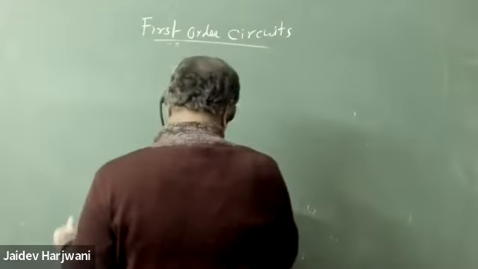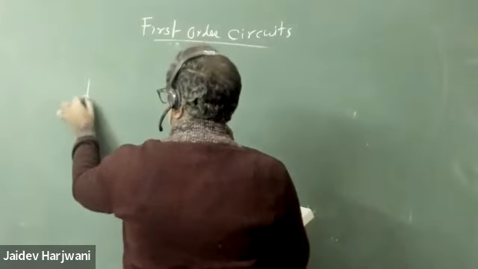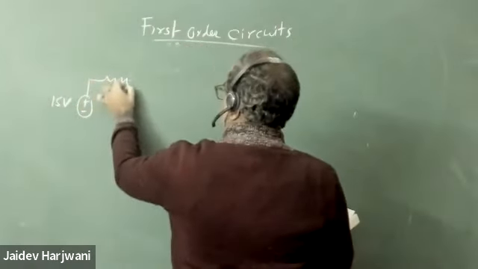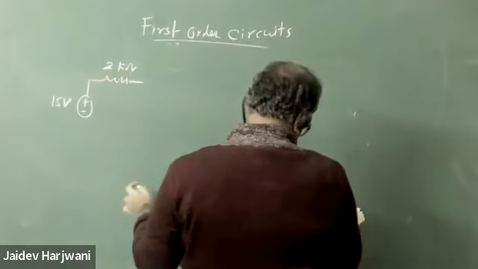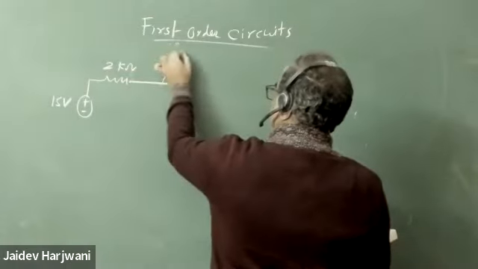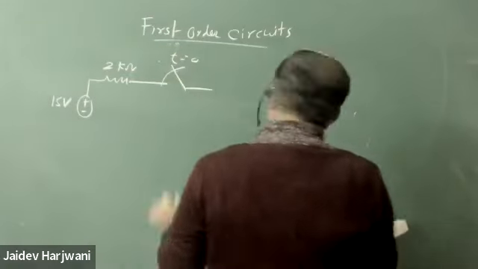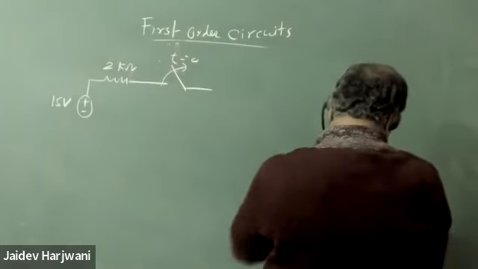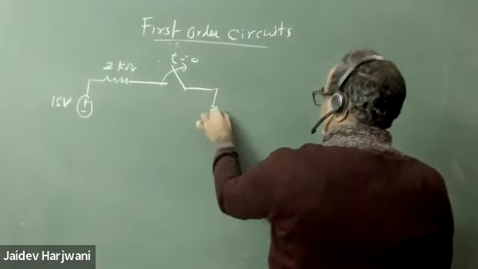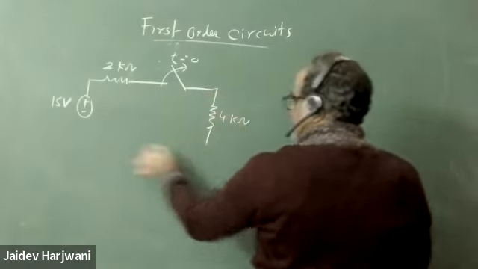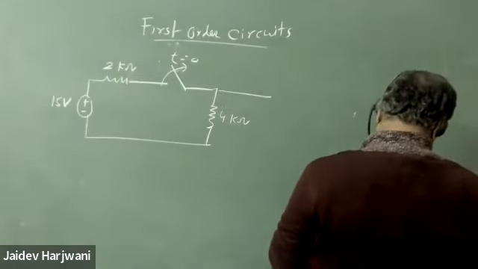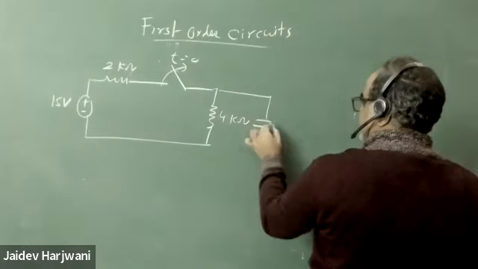You have been given a 15-volt battery, plus minus 15 volt. Then you have been given a 2 kilo ohm resistance, and here the circuit is open at t equal to 0 time, and you have been given a 4 kilo ohm resistance here, and you have a 3 millifarad.